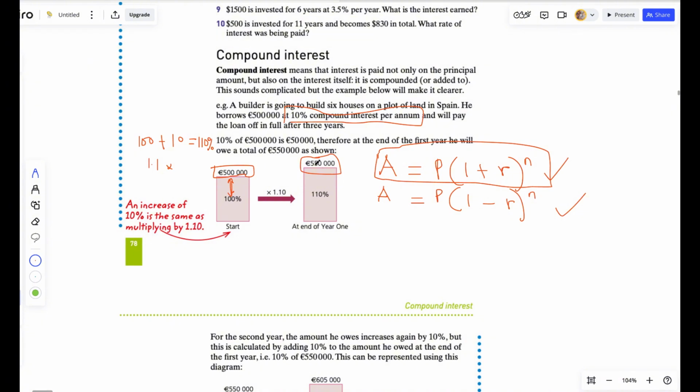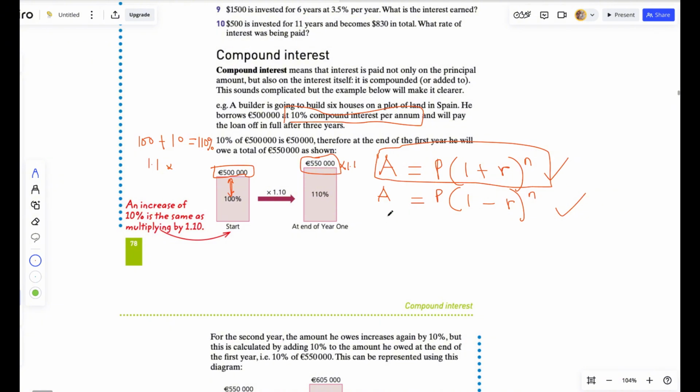Then this 550 will be the principal of your second year, not this 500,000 you borrow. That's why compound interest is very dangerous. This 550 is now your second year principal. So you got to do another times 1.1 again, 550 times 1.1. You're going to get a bigger amount than this, and that will be over 600.